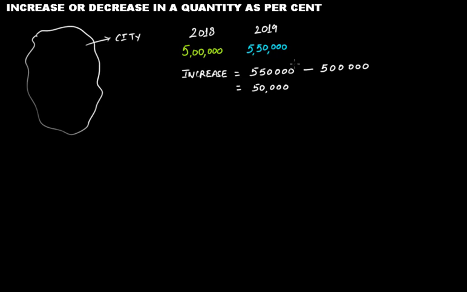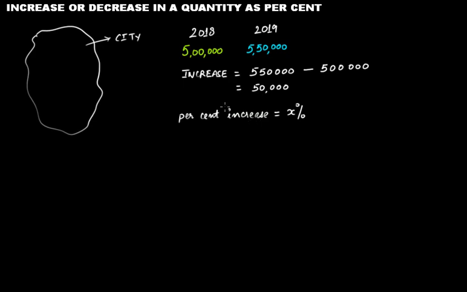Okay, now there is another way to tell what is the increase in the population, and that is using percent increase. Let's say that we calculate that the percent increase is X percent, and if you're wondering how we calculate this X percent, that we will discuss very shortly.